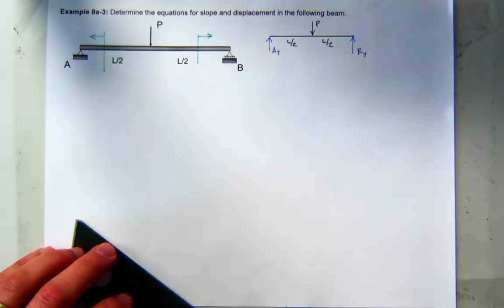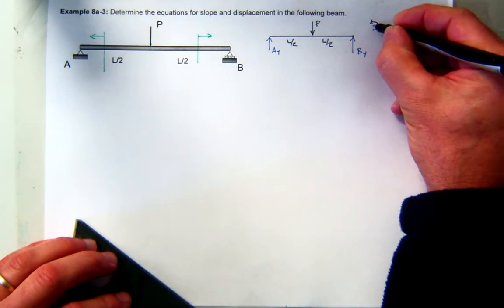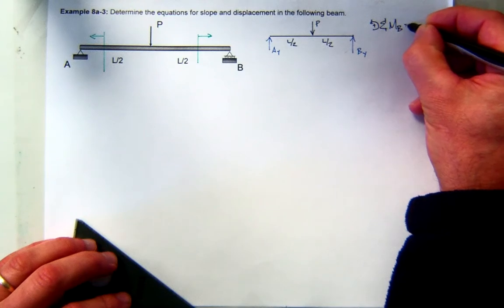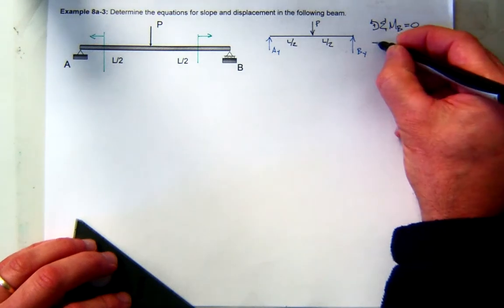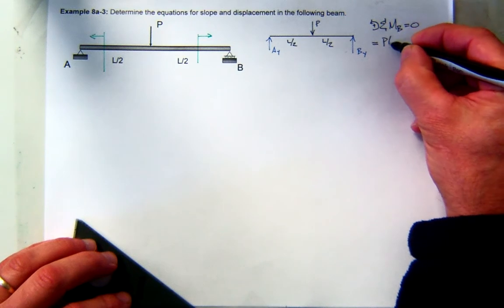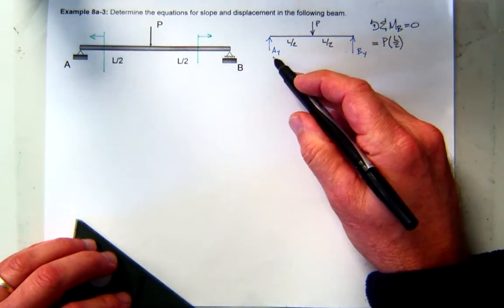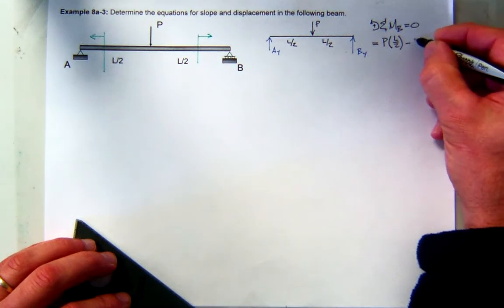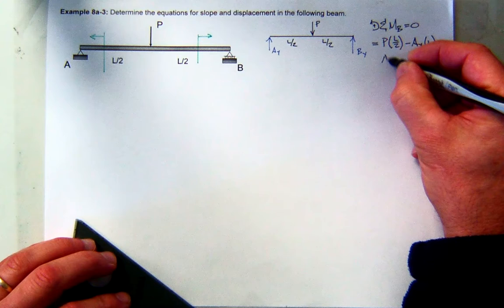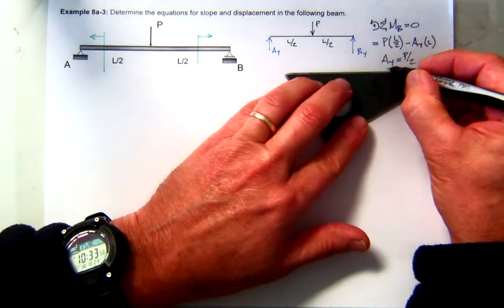I think you can probably already see what it's going to be, but I'll go ahead and make the calculation quickly. If I sum moments at B and make sure my structure is in equilibrium, what do I have? I have a positive moment created by P times a moment arm of L over 2, and then I have my AY reaction creating negative moment with a moment arm of L. So surprise, surprise, AY is P over 2.